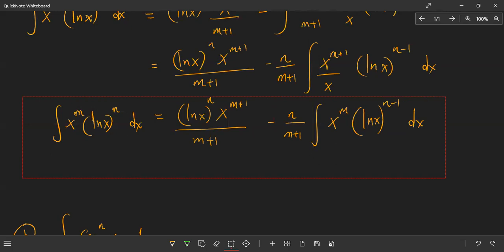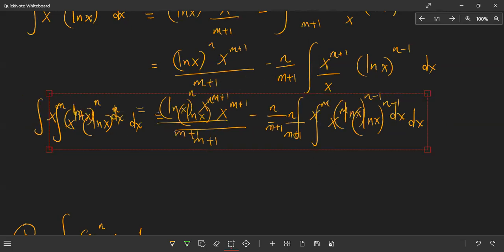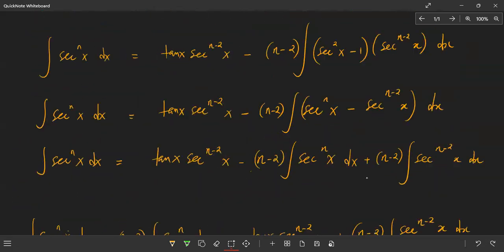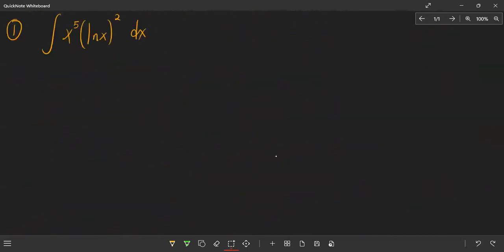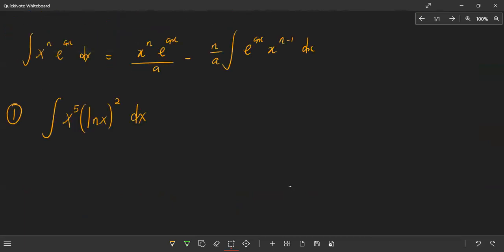Are we together? Yes. So this is the formula we're going to use. Can I copy it? I think it's easy. Let me just copy this formula. Okay, what did I write as the formula?